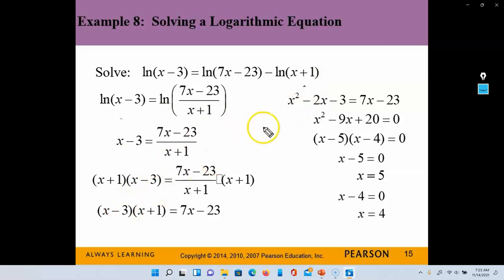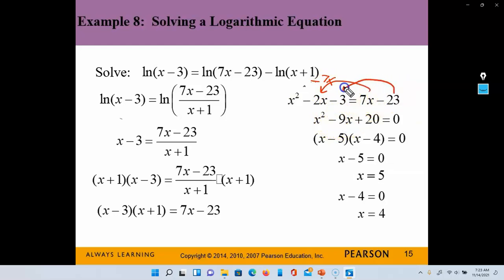So we bring this up to this side, and now what we want to do is put it in standard form. We're going to take our positive 7x over to this side where it becomes a negative 7x, and a negative 2x gives us a negative 9x.